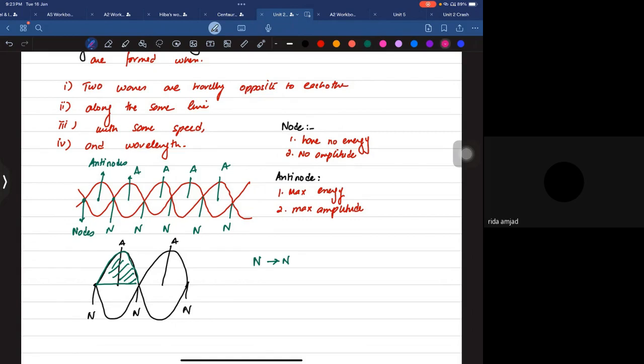Also, between an antinode, this is a quarter wave, and then another antinode, this is also a quarter wave. So antinode to antinode is also equal to half wavelength. Get it, kids? Yes, sir. But if you check the distance between a node and an antinode, which is this much, that's just a quarter wavelength.